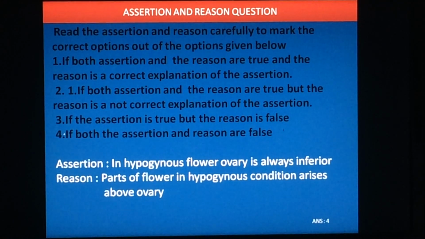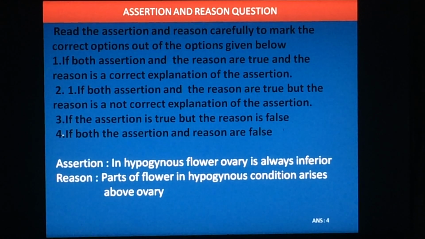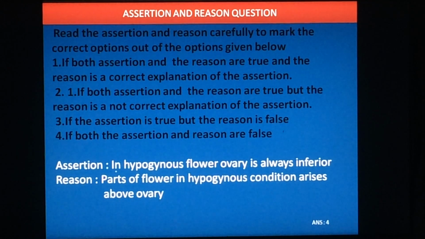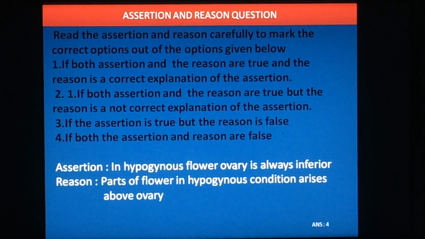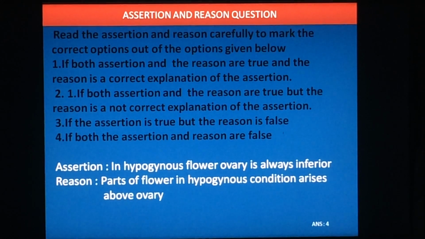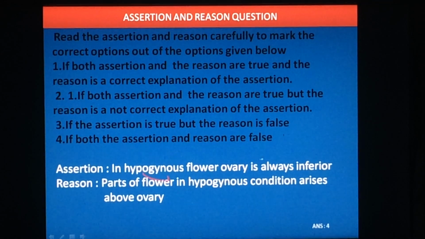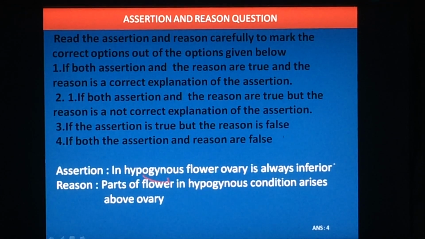Last question, assertion and reason. Here, assertion they have given: in a hypogynous flower, ovary is always inferior. Hypogynous, it should be superior. So assertion is wrong.